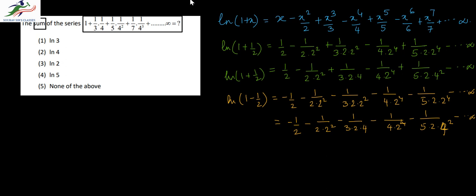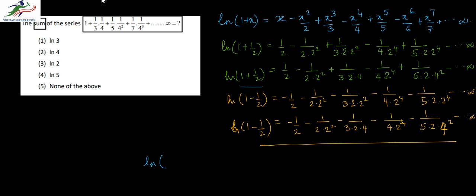So now if I add the two series that I just wrote, which are ln of 1 plus half and ln of 1 minus half, then we will get ln of 1 plus half, which means 3 by 2, minus ln of 1 minus half, which means half, is equal to half minus of minus half.